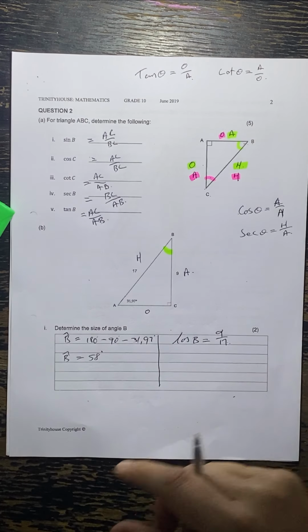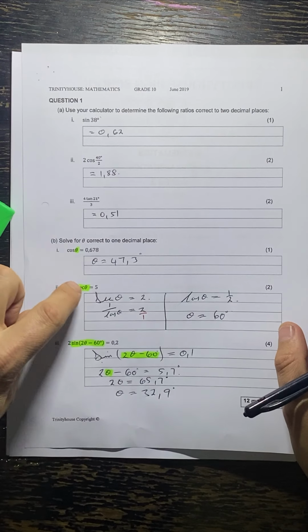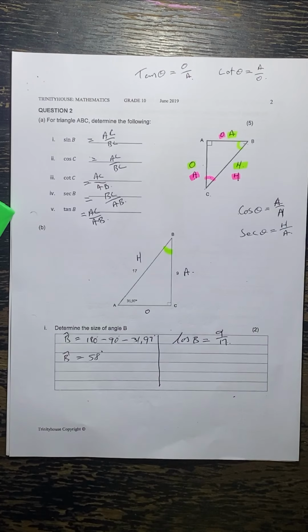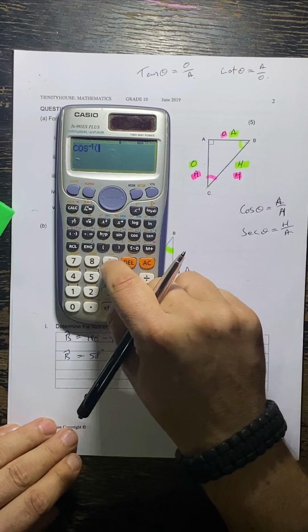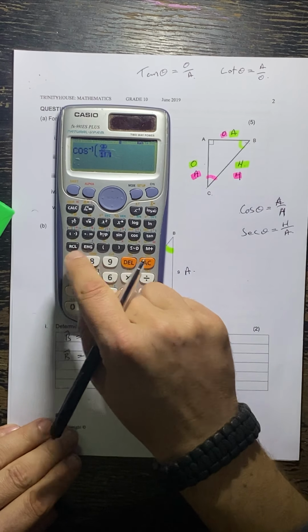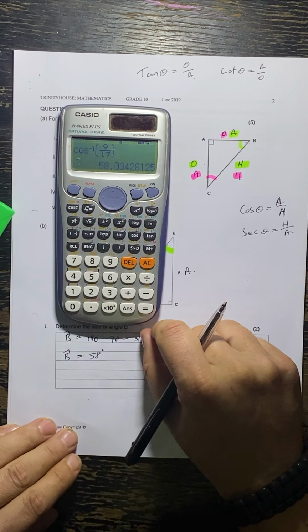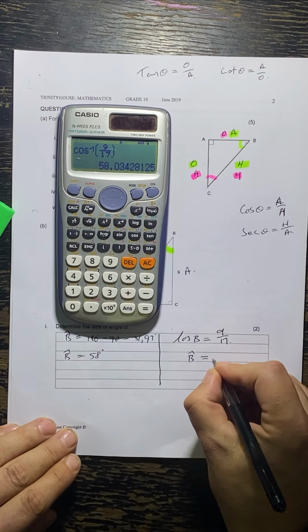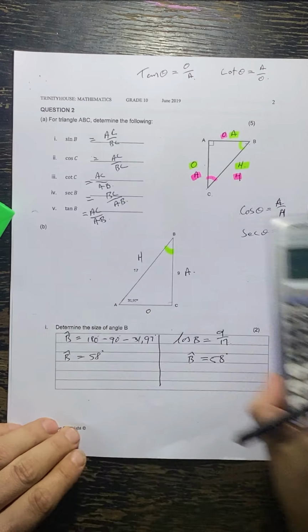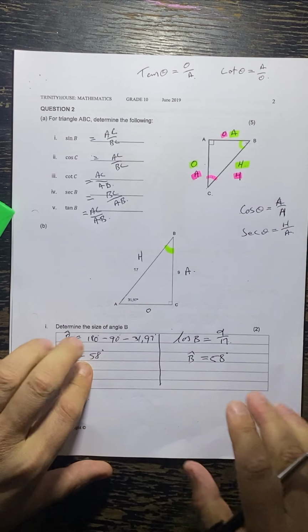You've seen with the previous questions how to find those angles. All I have to do is go shift cos and then 9 over 17. Rounding off to 1 decimal, we get angle B is equal to 58 degrees, which is exactly the same as what we got here.